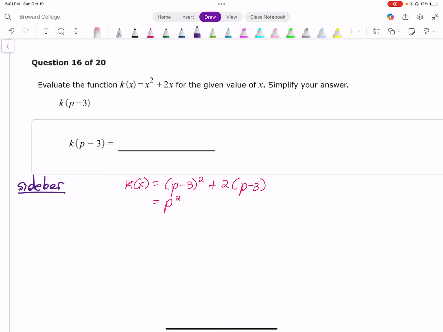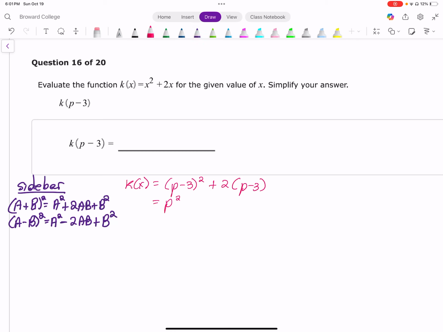All right, if I'm trying to solve for a plus b all squared, then that's going to give me a squared plus 2ab plus b squared. But if I'm doing a minus b all squared, it's the same format. It's just that you start with a negative 2ab, then plus comes after, then b squared.